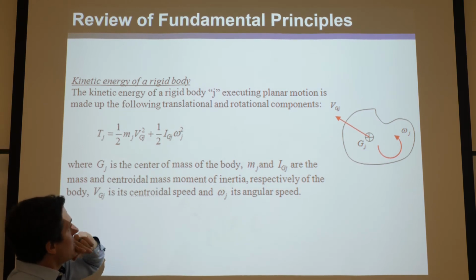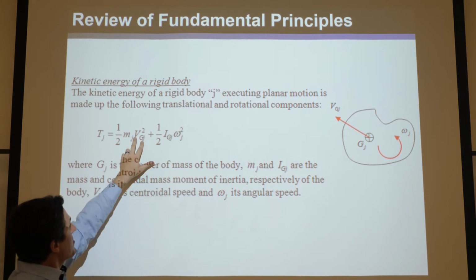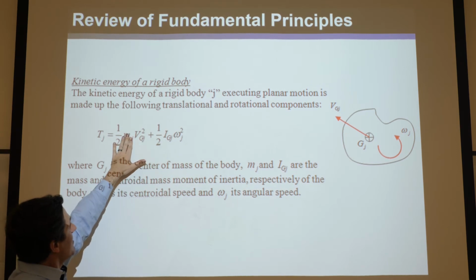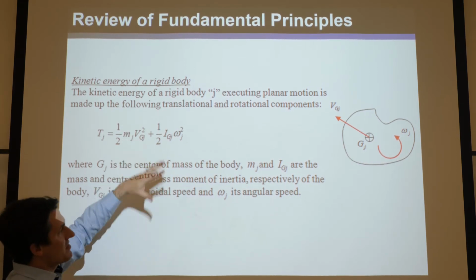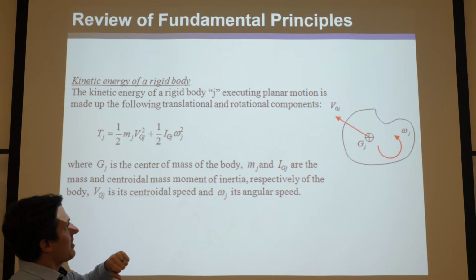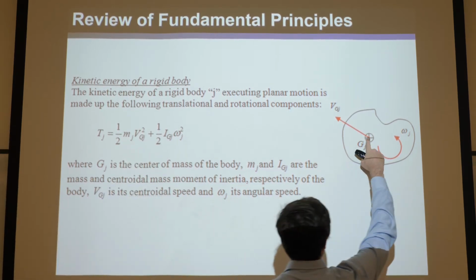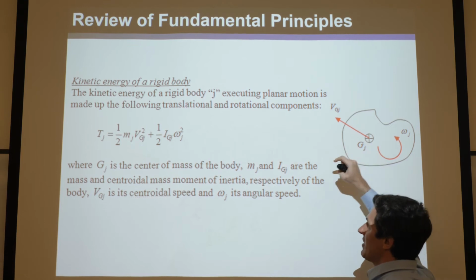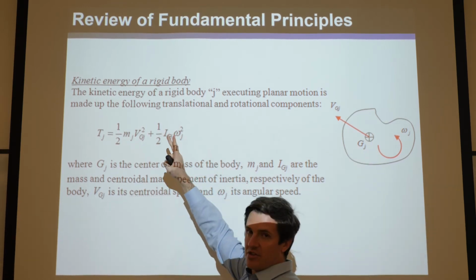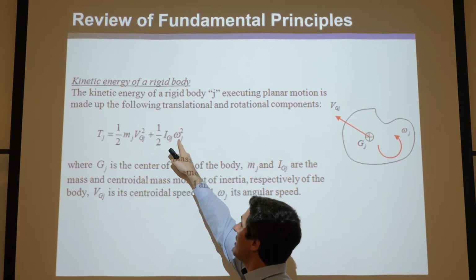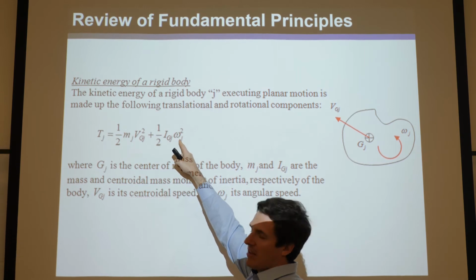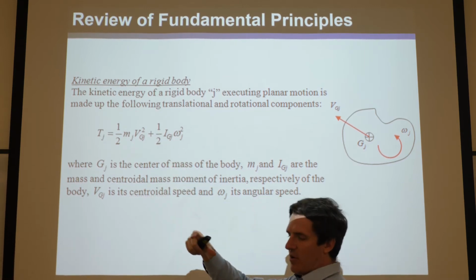The interesting thing to note, though, is mass here doesn't have a representative point. It's just how much mass is in the thing, right? But the velocity needs to be at this specific representative point. Whereas here it's switched for angular stuff. You actually don't need to know the axis about which it's rotating.